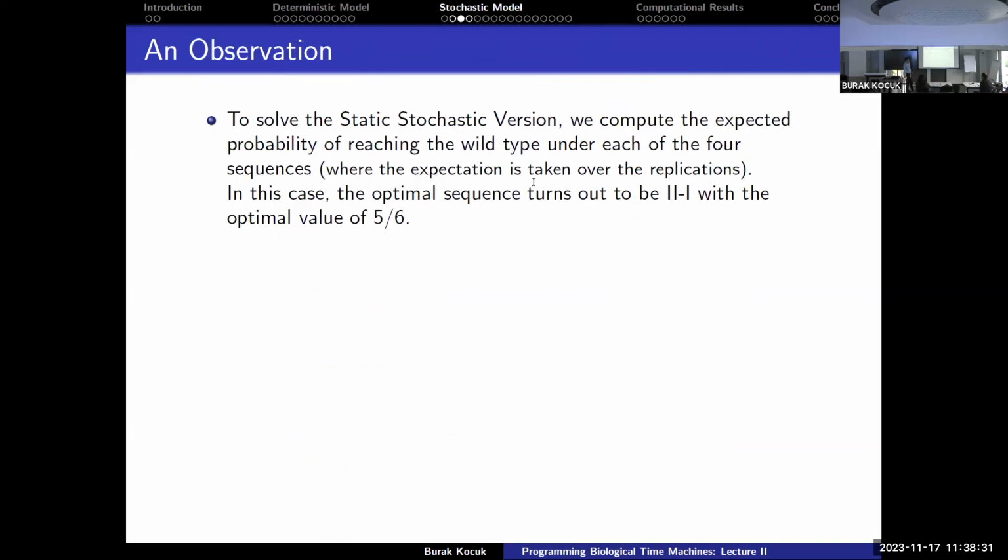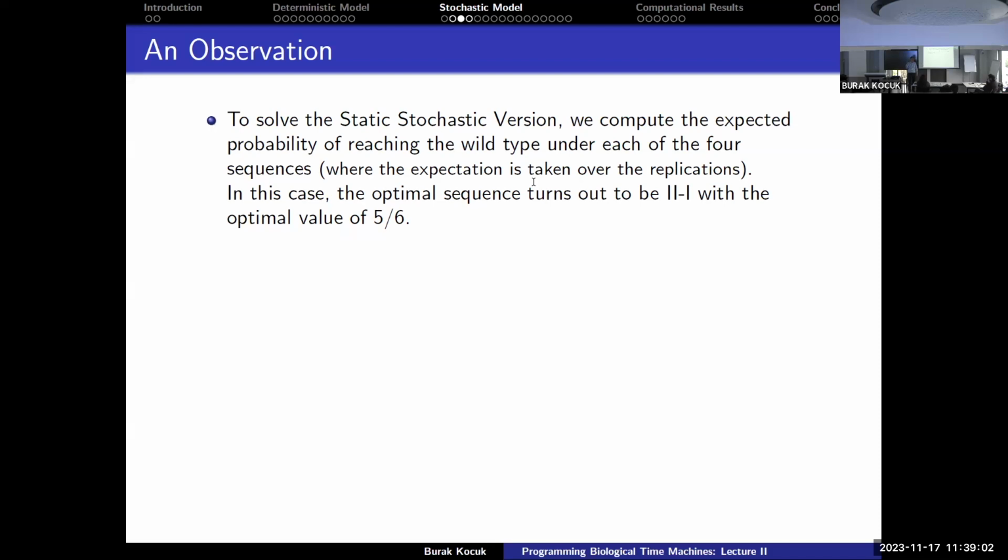Now, here's an observation, which took us a while to come to. Rather, I will just tell it to you, you need to think about it. So, how do you solve a static problem? Well, I have 4 options, right? 1, 1, 1, 2, 2, 1, 2, 2. And then what's proposed is, well, apply the sequence 1, 1 to the first realization and second realization.